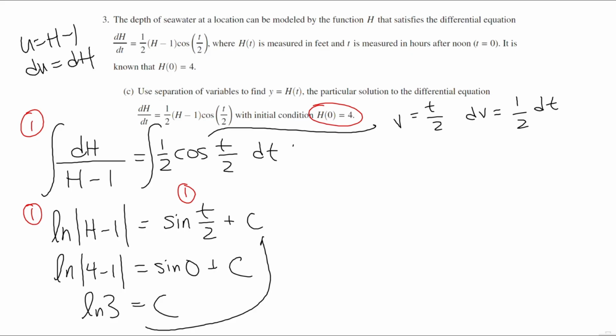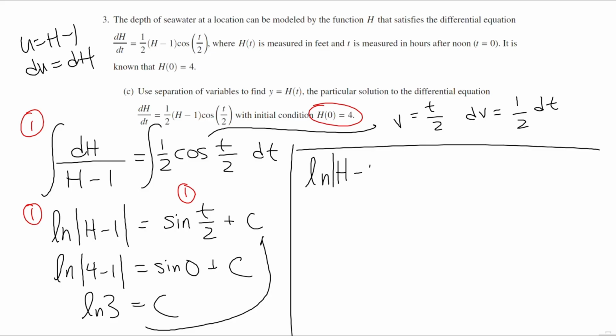So we'll box this off to make it a little more clear. We've got natural log absolute value of h minus 1 equal to the sine of t over 2 plus the natural log of 3.